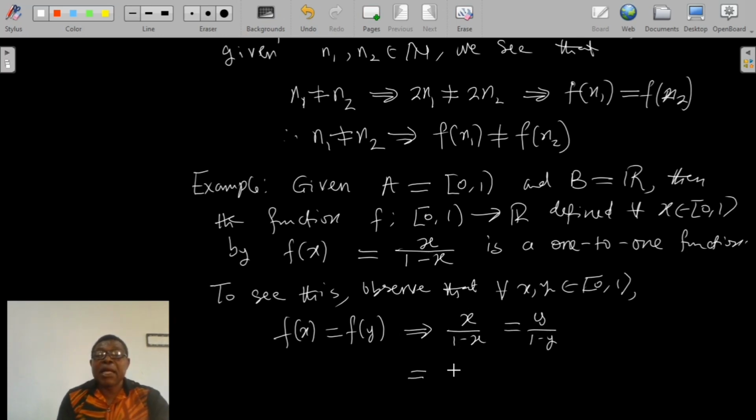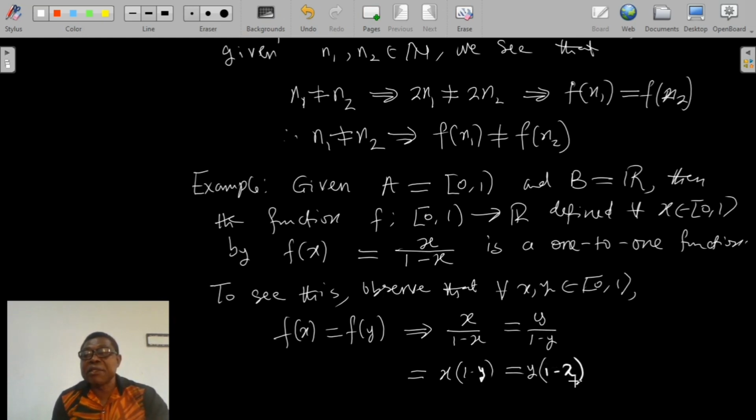This implies that x into 1 minus y is equal to y into 1 minus x, which implies that x minus xy is equal to y minus yx.